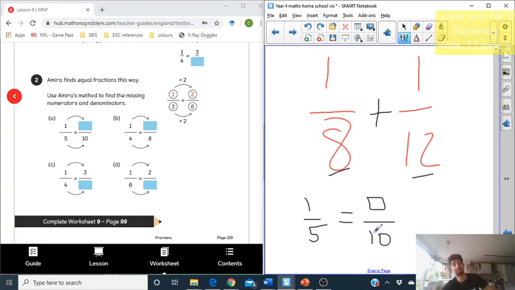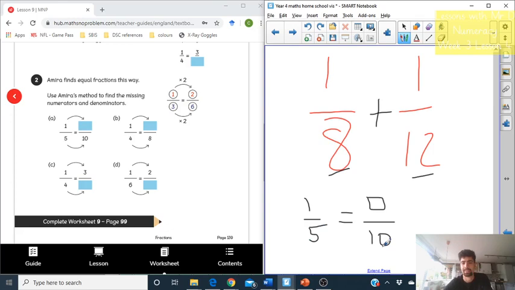So again, if you were confused, if this method is confusing you, go back to your fraction wall, go to your fifths and match it with tenths and see what you get. You'll get the right answer. You just can't always take your fraction wall with you, so try and get comfortable doing both as you move through this unit.